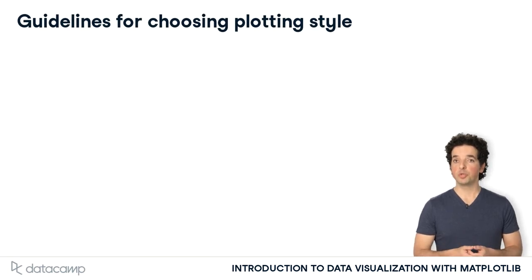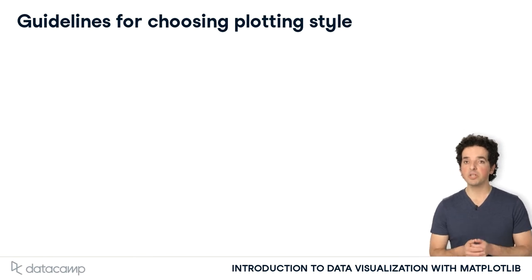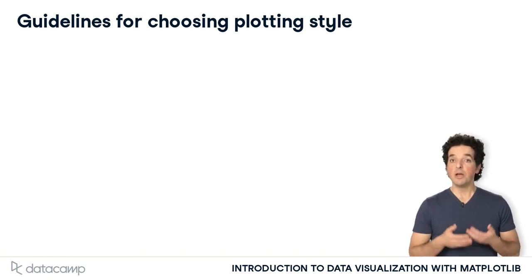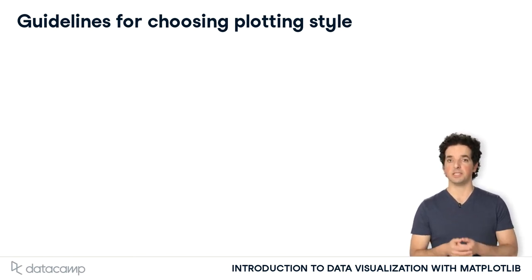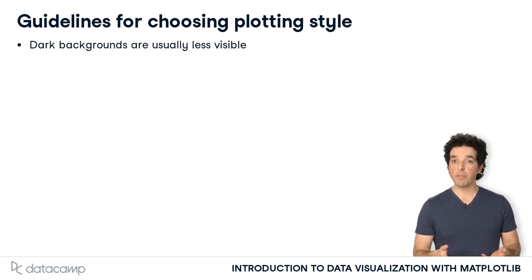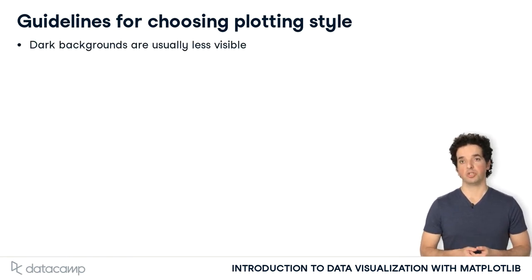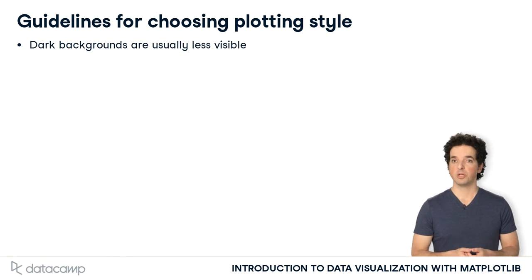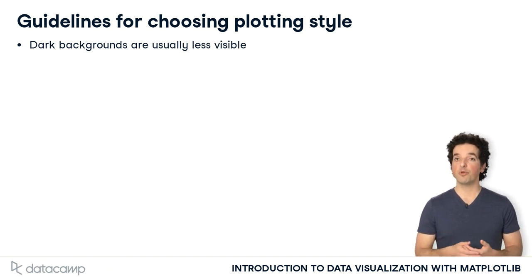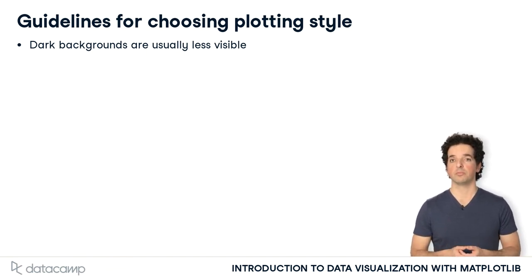How would you choose which style to use? If your goal is primarily to communicate with others, think about how they might see it. Dark backgrounds are generally discouraged, as they are less visible, so only use them if you have a good reason to do so.